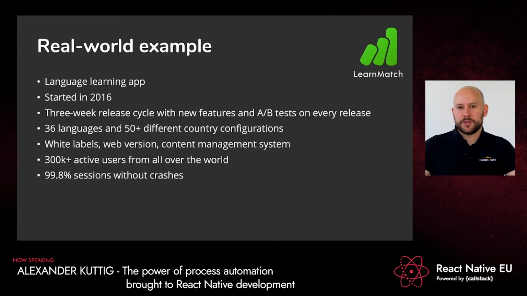So we're able to configure a lot inside the app, from UI to different courses, and we deploy these configurations to different countries. We also have white label variants of the app. So we have a business version, and we have versions for third-party customers, which all share the same code base.